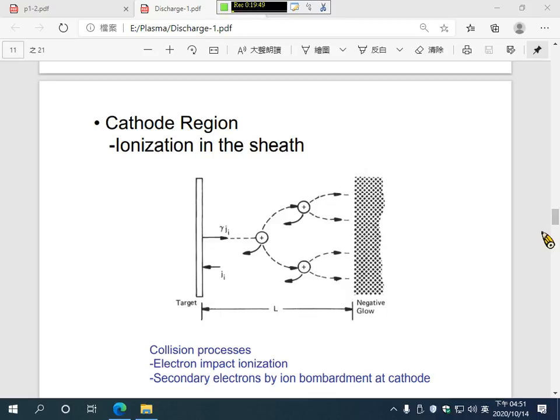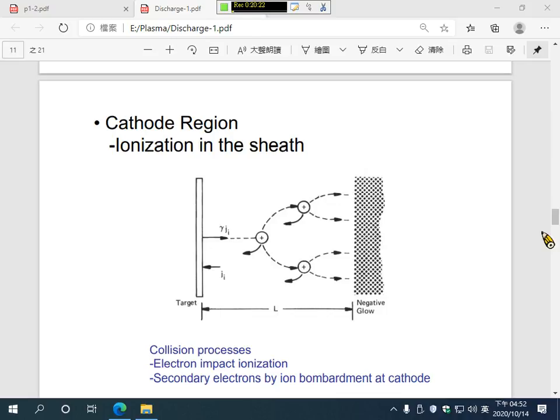So when electrons travel toward the negative glow, they gain energy. When an electron collides with a gas atom, it will cause electron impact ionization. So the gas atom becomes a cation and an electron, an electron and ion pair.